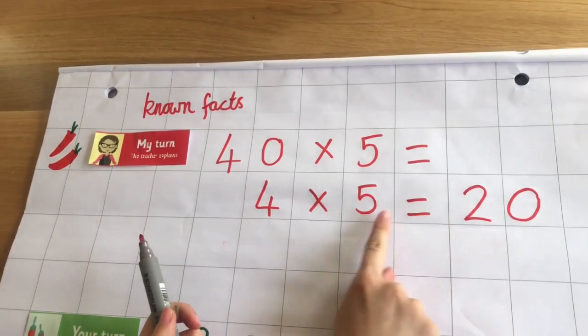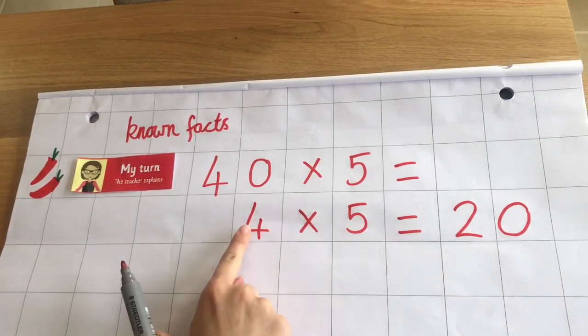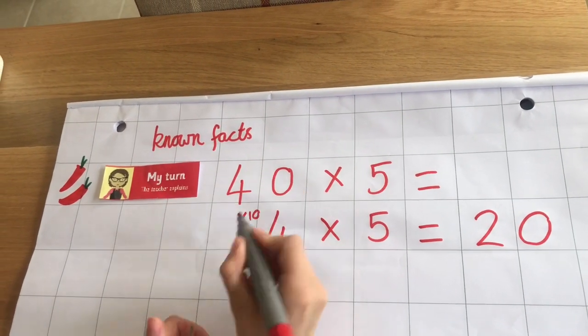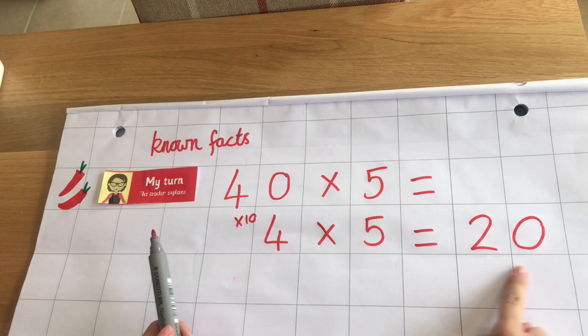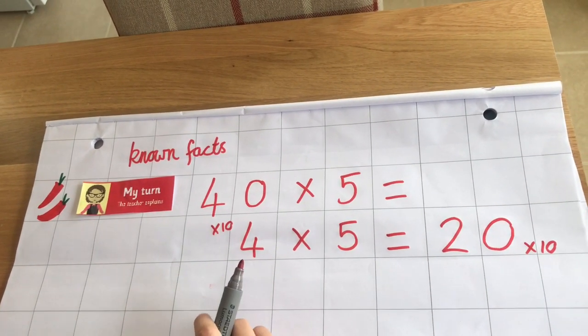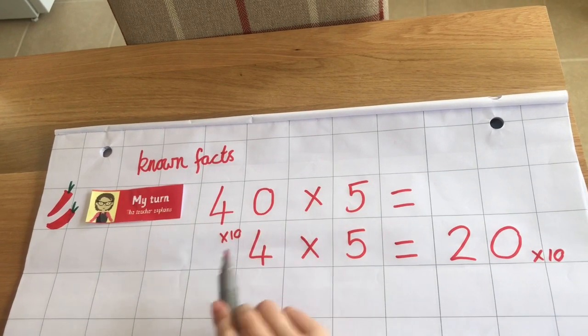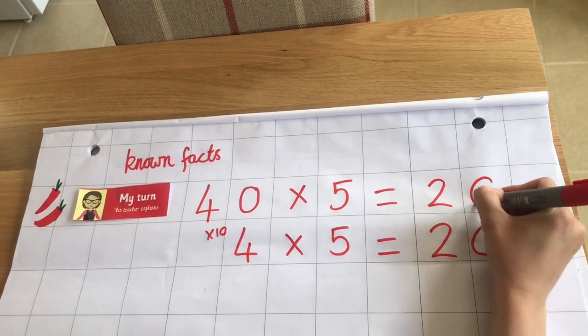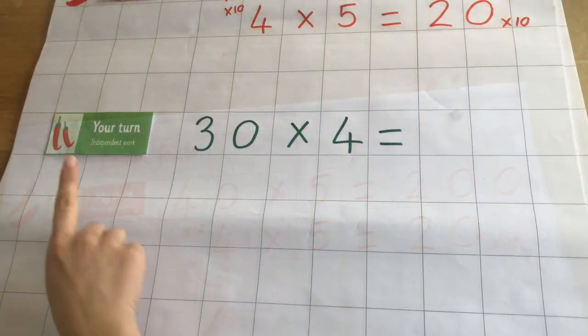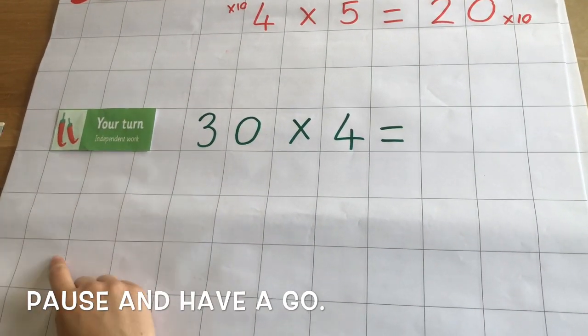Now if 4 times 5 is 20, 40 is 10 times bigger than 4. So my answer must be 10 times bigger. That means 40 times 5 must equal 200.